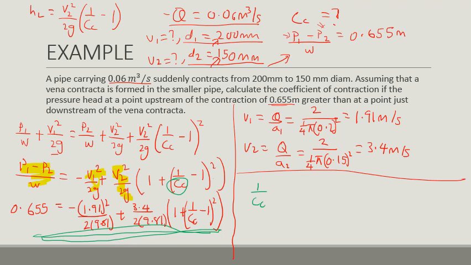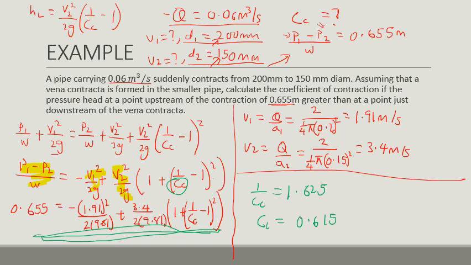When you solve it, you get 1 over Cc is equal to 1.625. I didn't do it because that will make the video a lot longer. So 1 over Cc is equal to 1.625, and when you find the inverse, you get Cc is equal to 0.615, and it is a unitless constant. I hope it is clear.